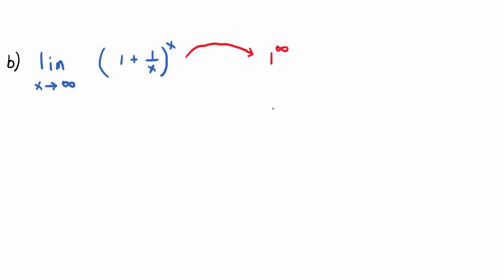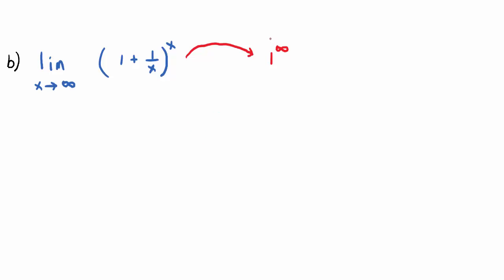So it's an epic battle, right? Who's going to win? Is this going to be 1? Is it going to be infinity, this limit? Is it going to be something in between? It's an epic battle.